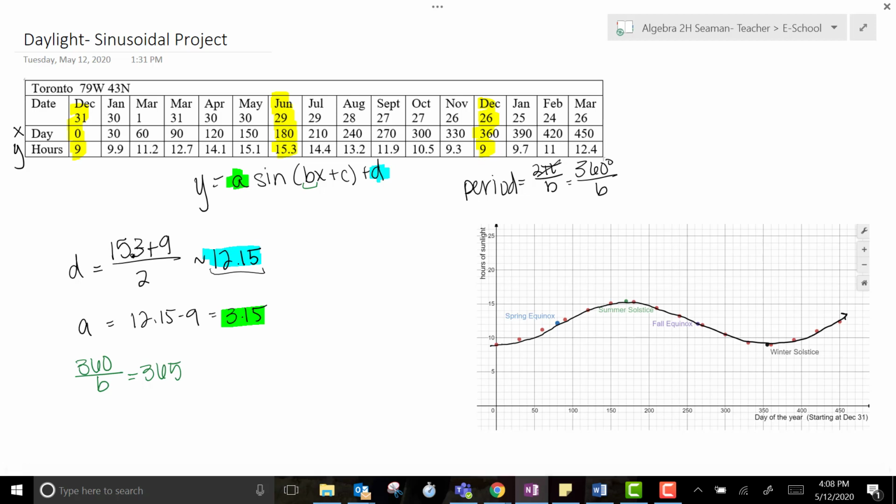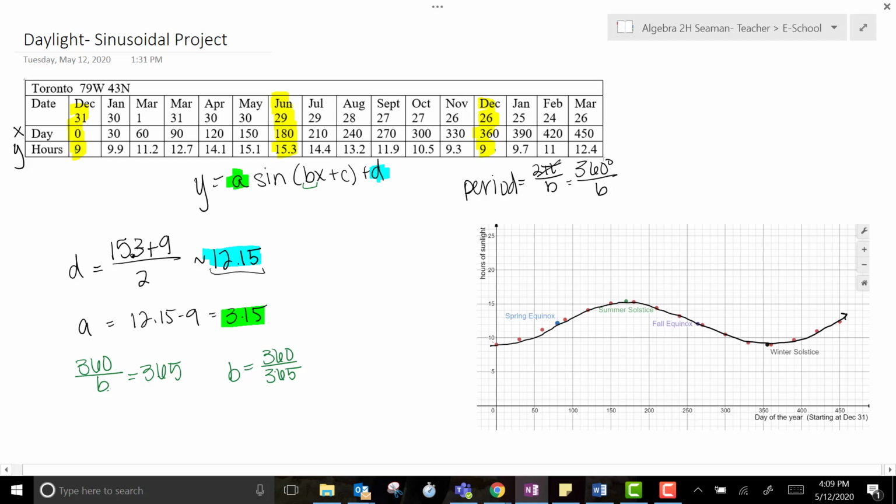Also, I see that I'm going all the way from 9 back to 9 in that whole full year. Once I get this done, I'm going to manipulate some values. I remember that little trick that means I can switch the denominator with the equivalent, and I know that B equals 360 divided by 365.